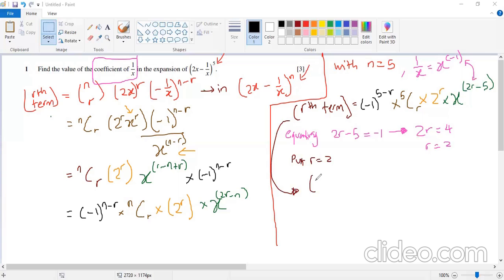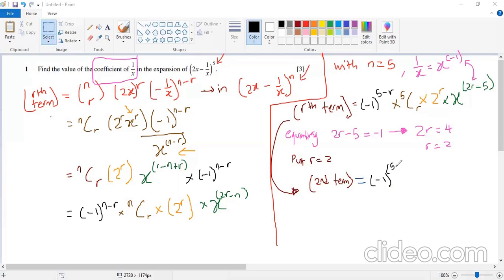In my order it is the second term. But in some solutions, you may see it as the third term. It depends on how you order your labeling, just in reverse. That doesn't matter, but it'll yield the same answer for the coefficient. So the second term in full looks like this. Let's put r equals 2.